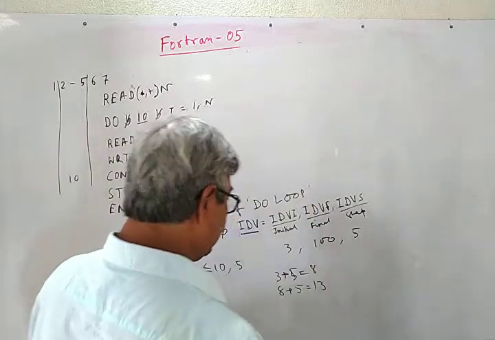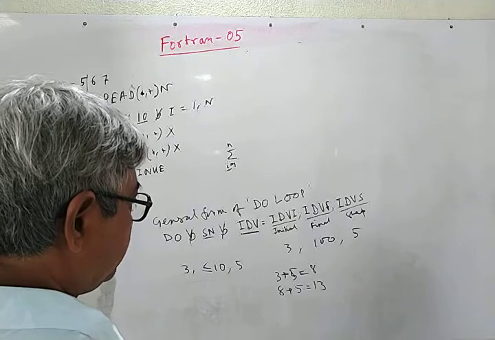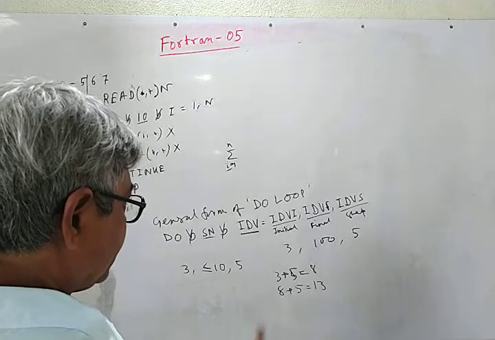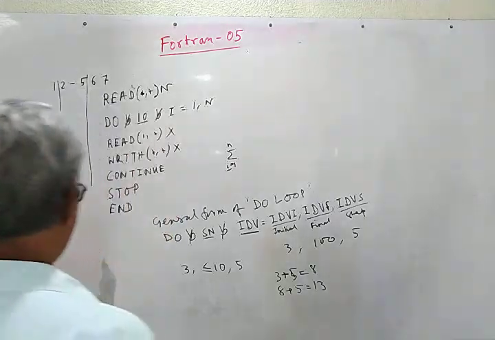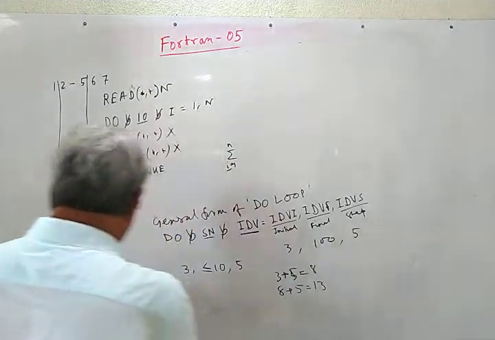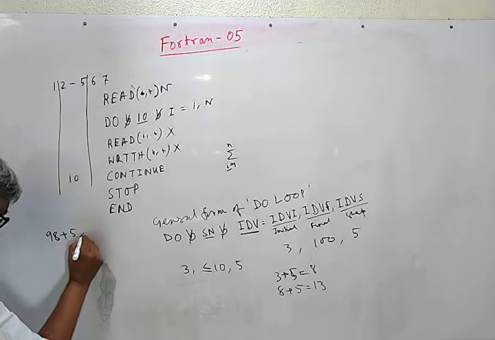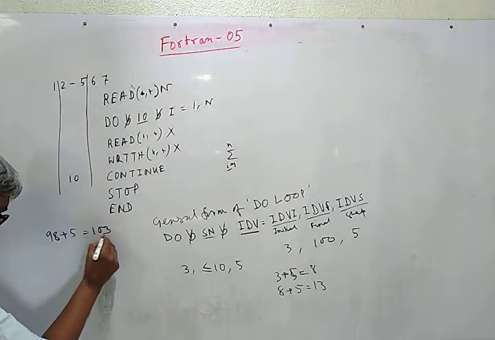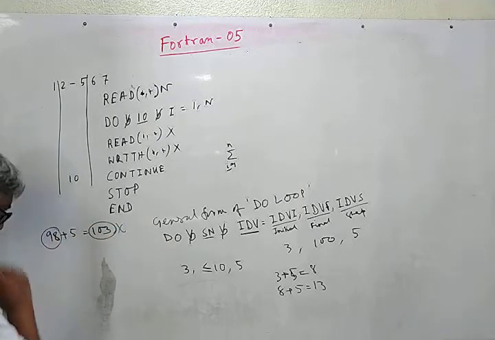For example, in this case, the last value will be 98, and from 98, if we add 5, we get 103, so this value will not be attained. The last term will be 98.